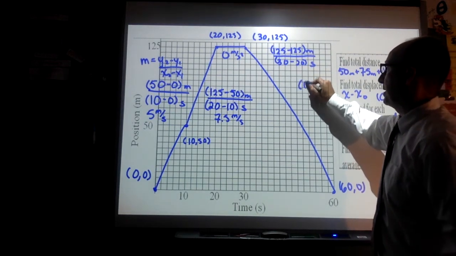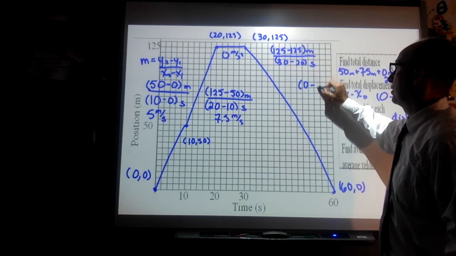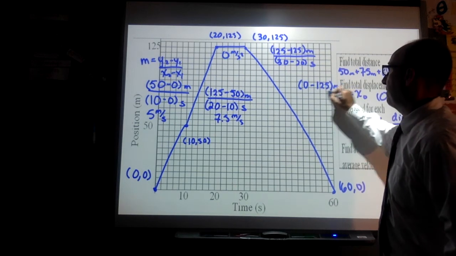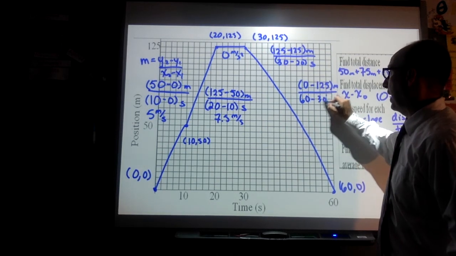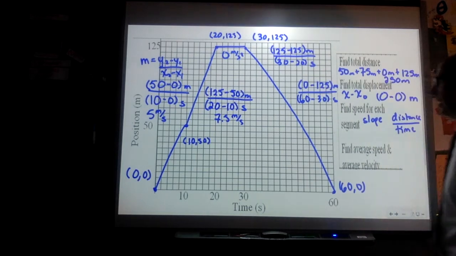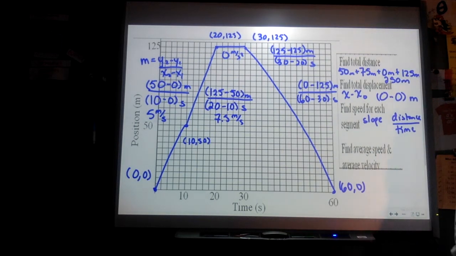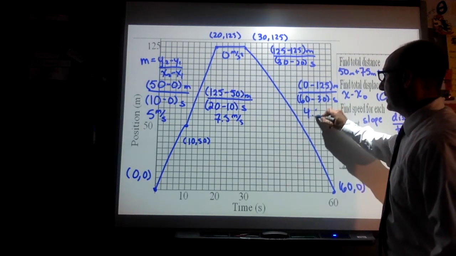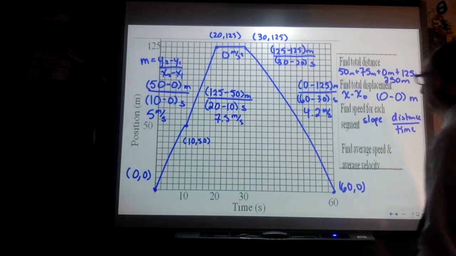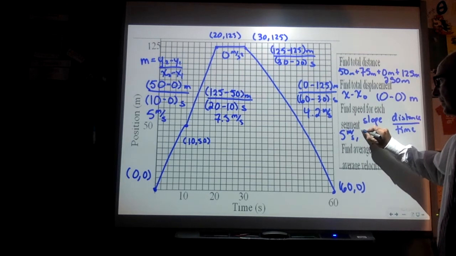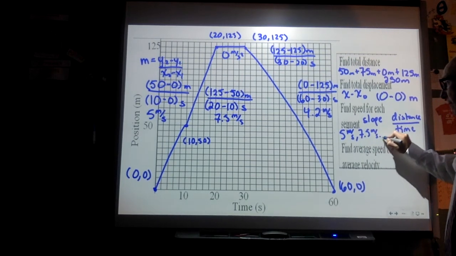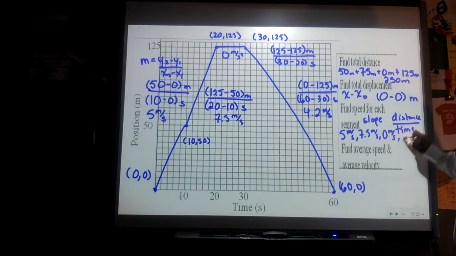So this is going to be 0 minus 125 divided by 60 minus 30. Now, if you put this in a calculator, you're going to get negative 4.16. But speeds can't be negative. So for each segment, I'm going to have 5, 7.5, 0, and 4.2.